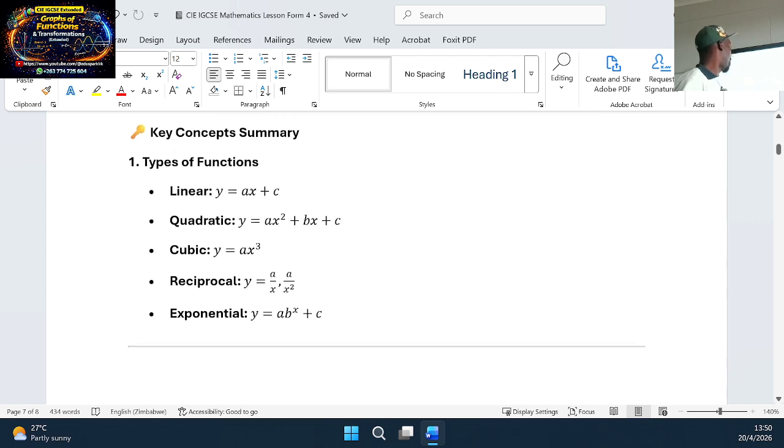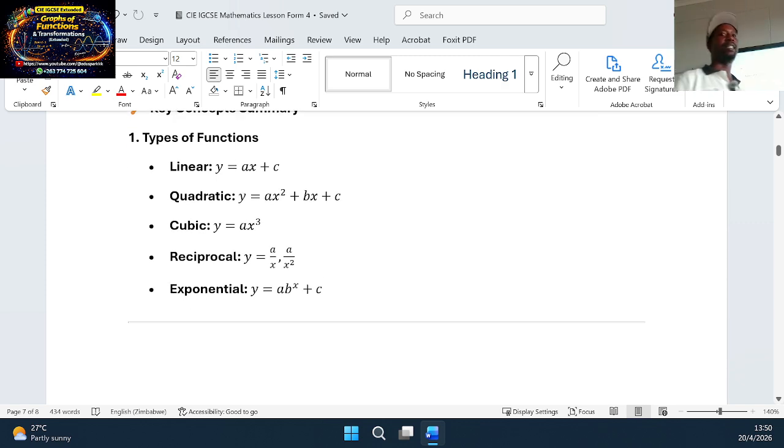Now, the key concepts within this discussion: a linear equation is any equation of the form y equal to ax plus c, where a, the coefficient of x, is the gradient, and c is the y-intercept. So we have variables x and y. Then on the quadratic, we have ax squared plus bx plus c.